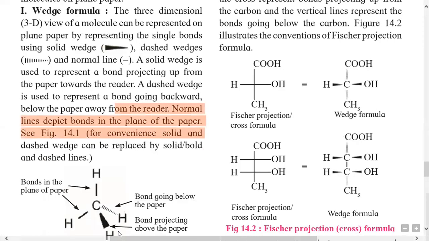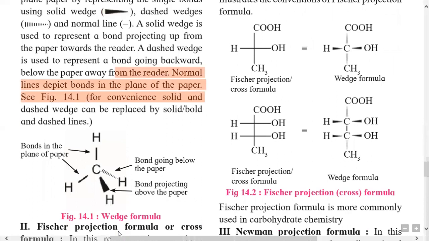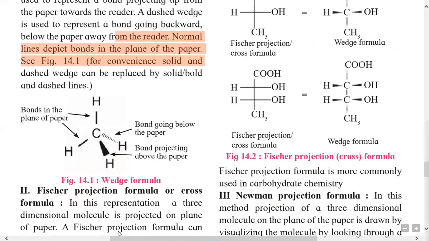We will see this example given in figure 14.1. Here, see this, it is a Wedge formula for methane. We know methane is the first example of an alkane. Here at the center there is one carbon, and there are four carbon-hydrogen bonds in the methane molecule.